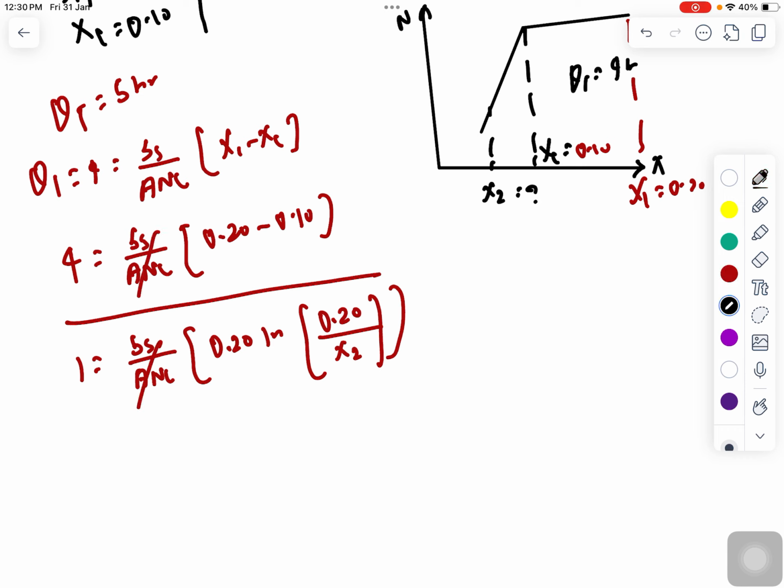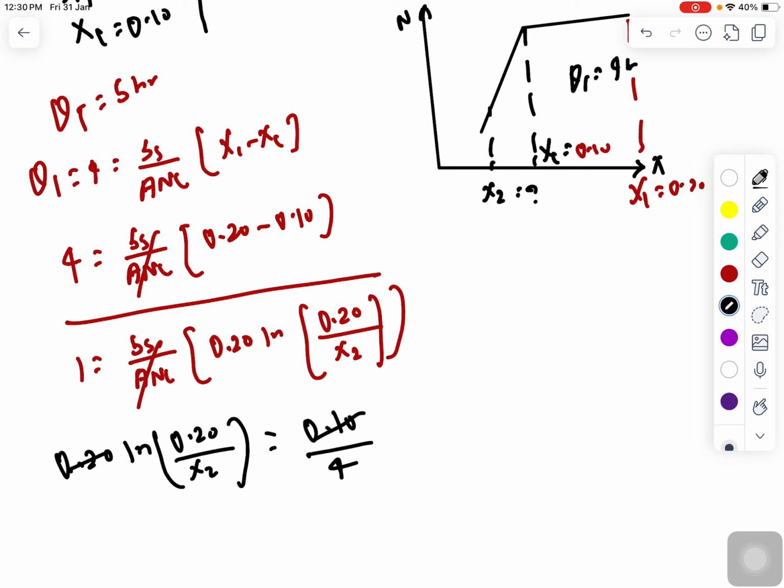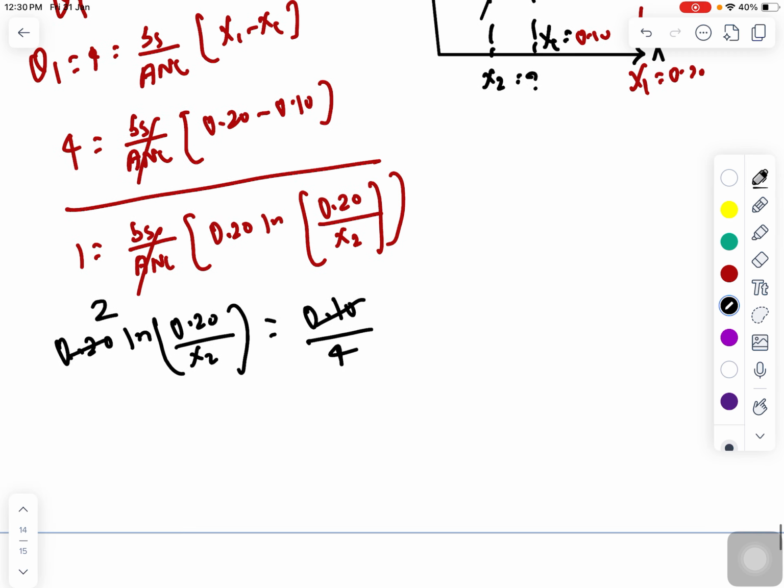This will get cancelled out, and finally you can see that 4 equals 0.10. From here you can directly calculate: 0.10 ln(0.10 divided by X2) equals 0.10 divided by 4. So you can cancel it out, and you get ln(0.10 divided by X2) equals 1 upon 8.